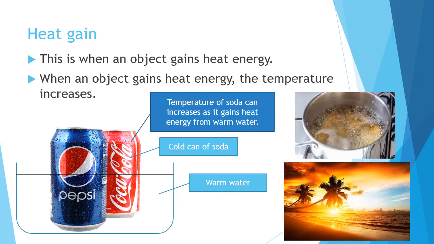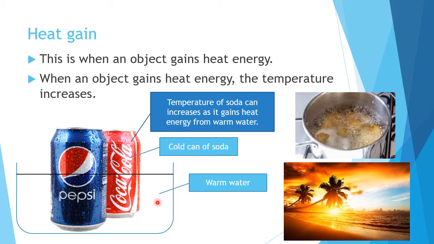So, heat gain. Heat gain is when an object gains heat energy. When an object becomes hotter, it gets energy to become even hotter. When an object gains heat energy, the temperature increases. For example, here is a cold can of soda kept in warm water.